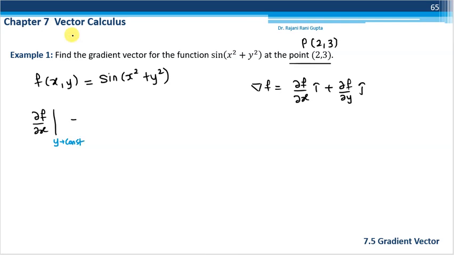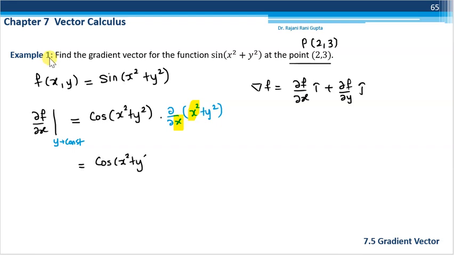So derivative of sine is cosine, the bracket remains the same, times the derivative with respect to x of the bracket, same as using the chain rule. The derivative of x squared plus y squared gives you cosine of x squared plus y squared times 2x. So this is the partial derivative of f with respect to x.